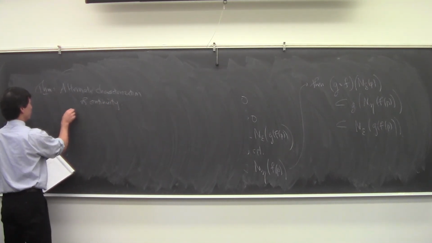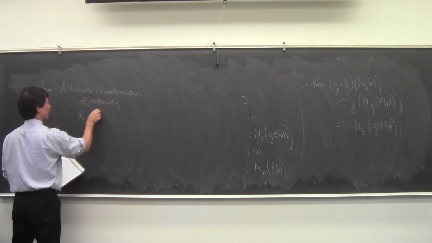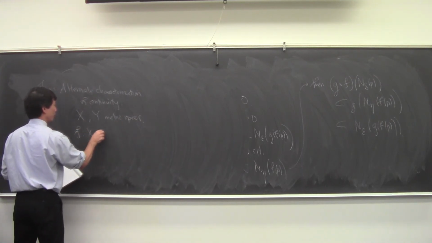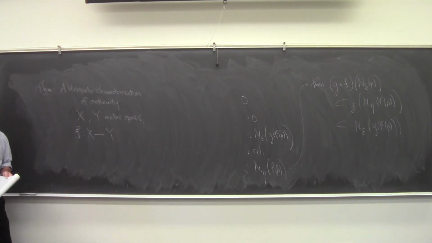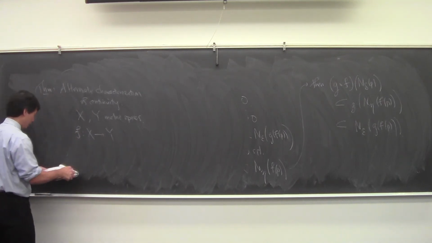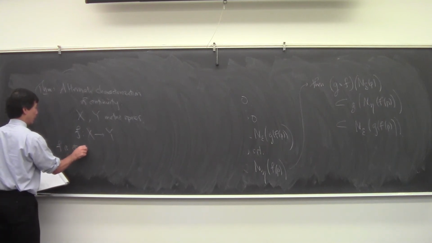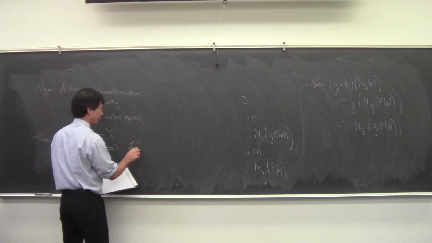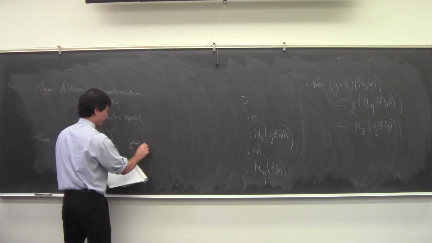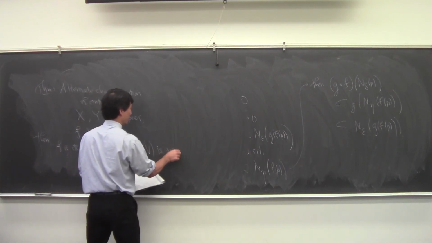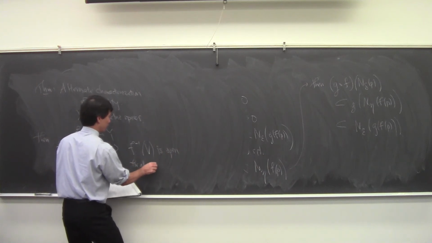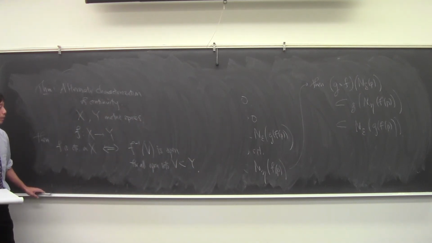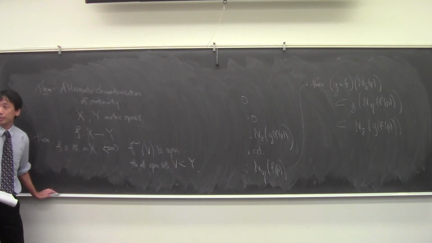Okay, so you've got spaces X and Y, metric spaces, and you've got some function f going from X to Y. Turns out that f is continuous on X if and only if the pre-image of every open set is open.